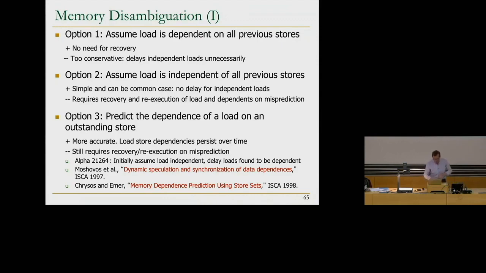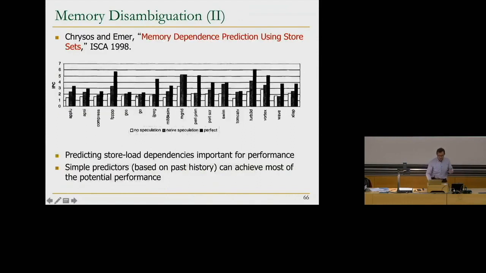Okay. So very quickly, this is showing the conservative approach, no speculation, aggressive approach, and the perfect approach. And this is performance on the y-axis, instructions per cycle. And these are some workloads that people used in the 1990s, as you can see. Some of them are interesting, like the Go benchmark. It plays Go. GCC is a compiler, compression.